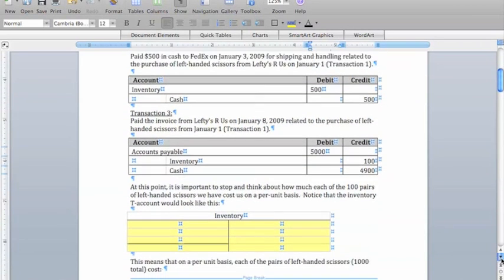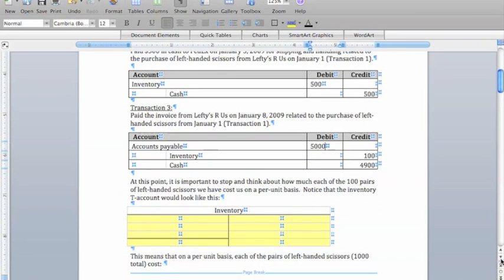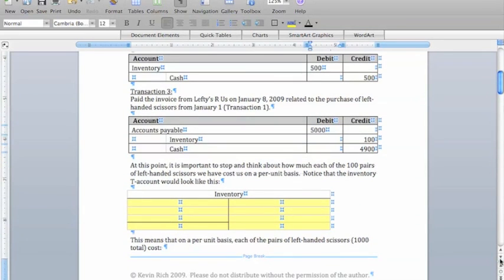Now, one thing that's important to do right now is think about how much did we pay for each pair of these left-handed scissors. One way to do this is to take a look at the T account for inventory. So we know that we had initially paid $5,000 for these 1,000 pairs of left-handed scissors.